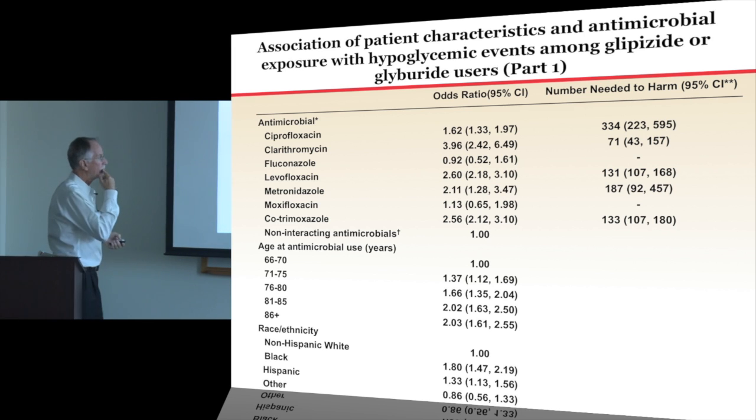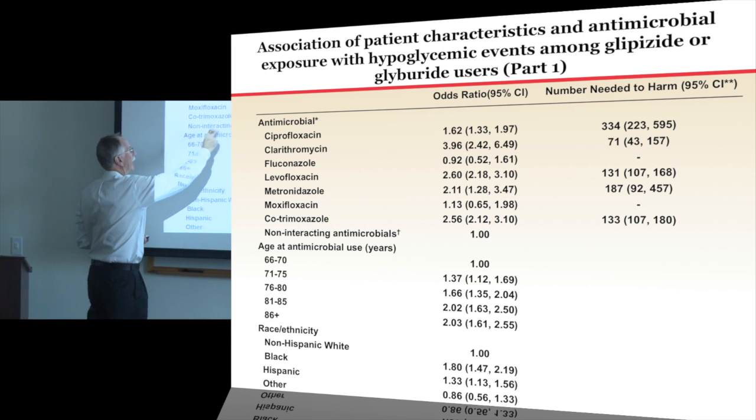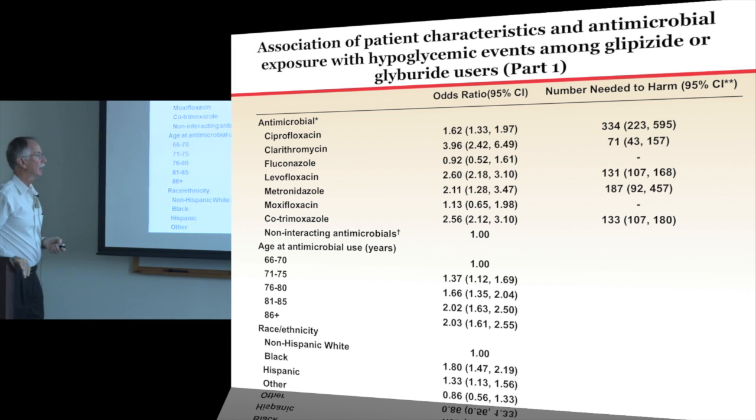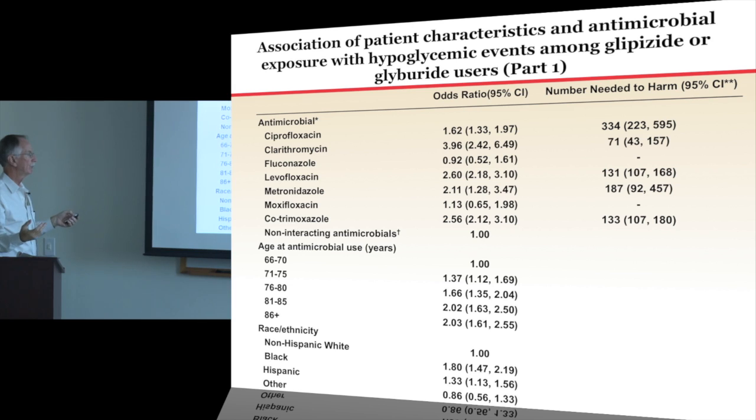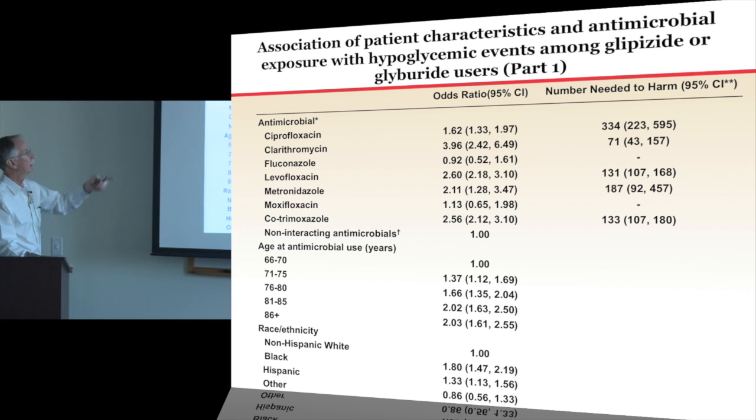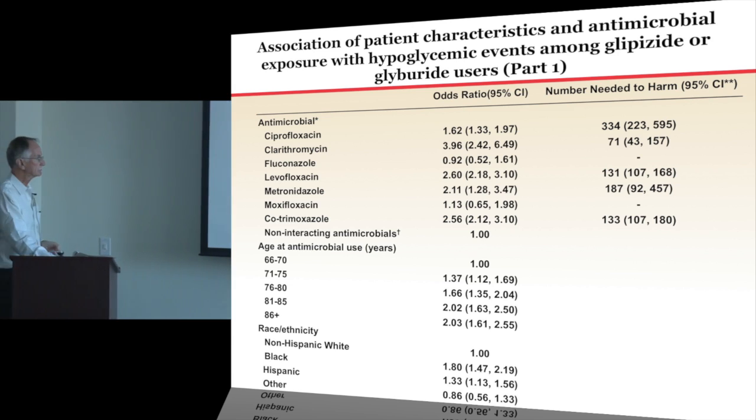So as the next step, we combined glipizide and glyburide. And rather than having separate controls, we combined all the non-interacting antimicrobials as the control. So this was any patient who got any of those non-interacting antimicrobials as opposed to a particular one. And then we looked at the risk, once again, of these 7 drugs of hospitalization or ER visit.